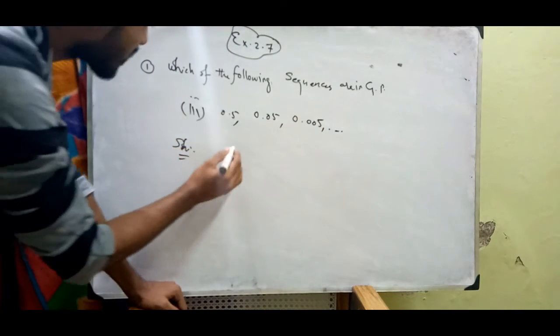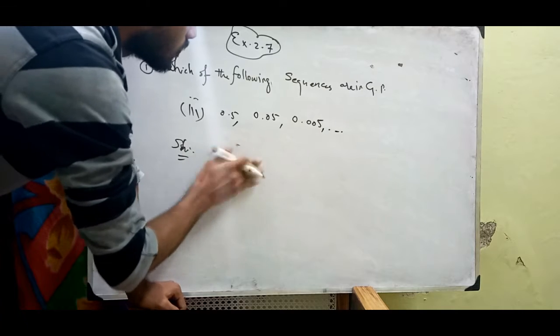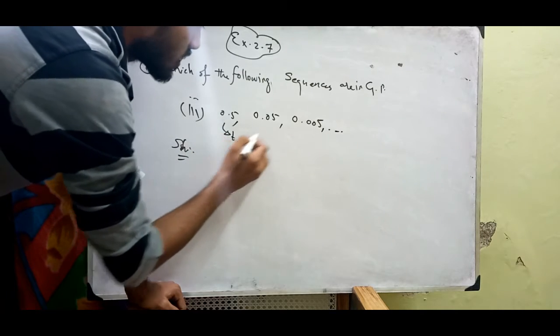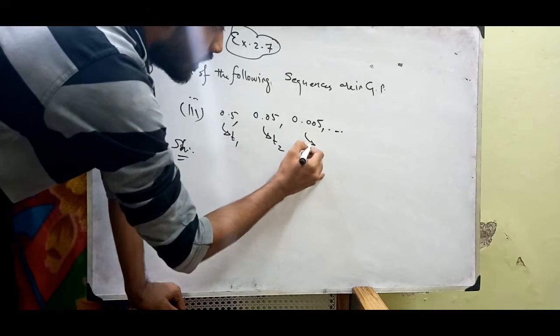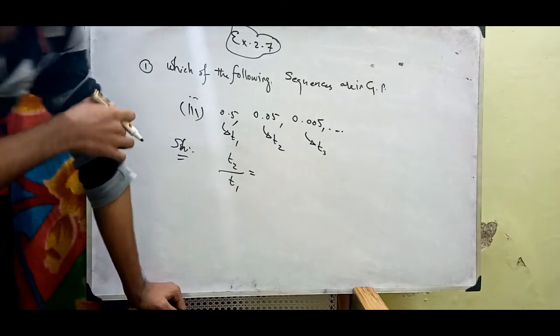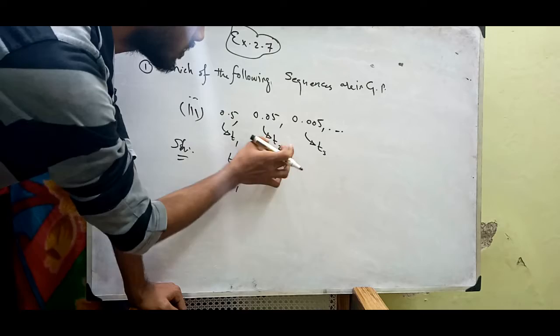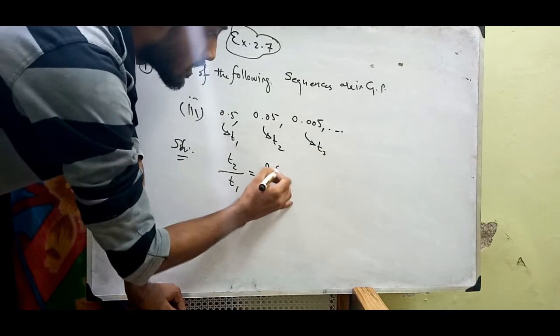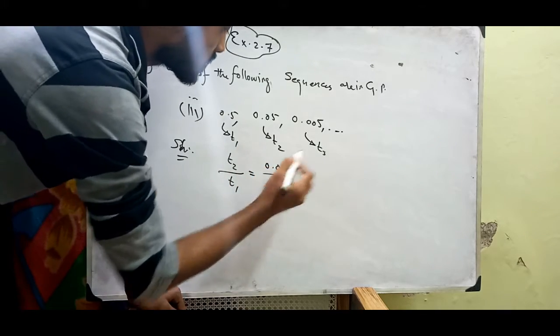Now let us take this as T1, this as T2, and this as T3. Now go to check up like a doctor. T2 upon T1 is 0.05 upon 0.5.